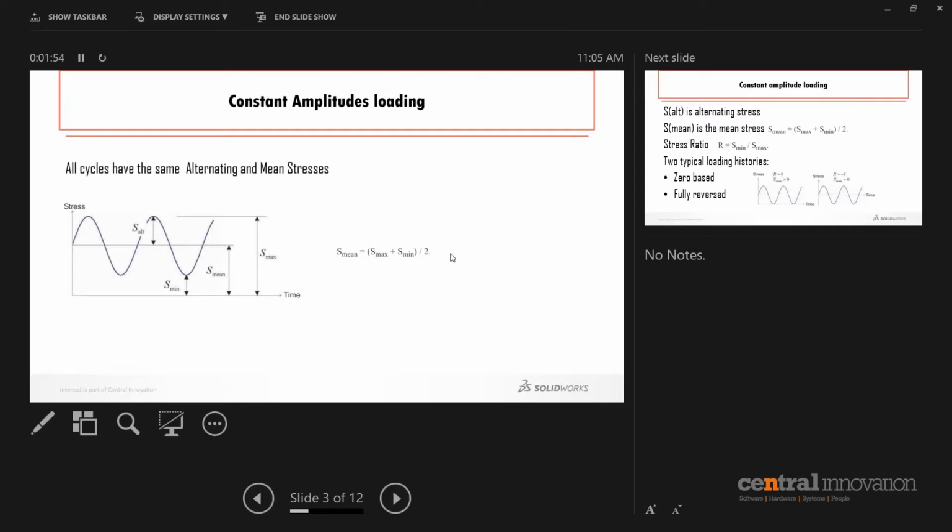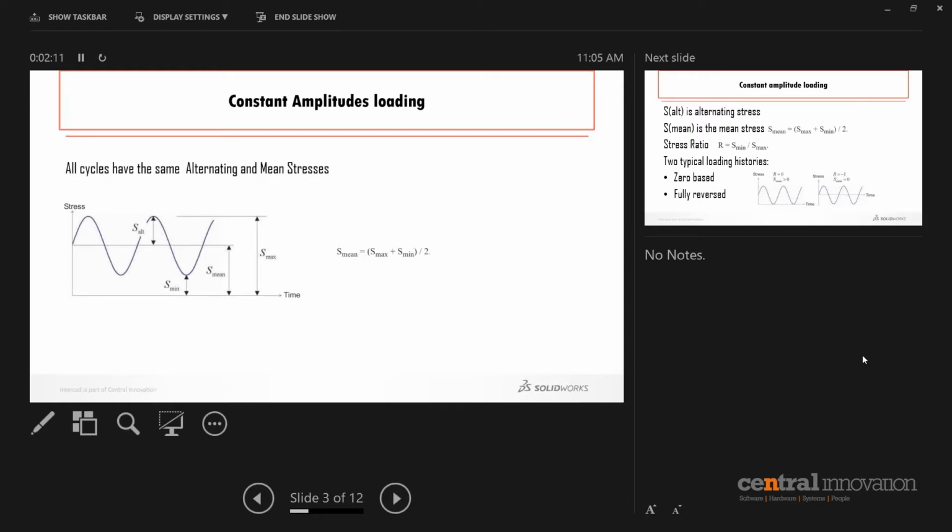Within this diagram you have the stress amplitude, minimum stress, mean stress, and maximum stress. As you can see, the mean stress is the average of maximum and minimum stresses.